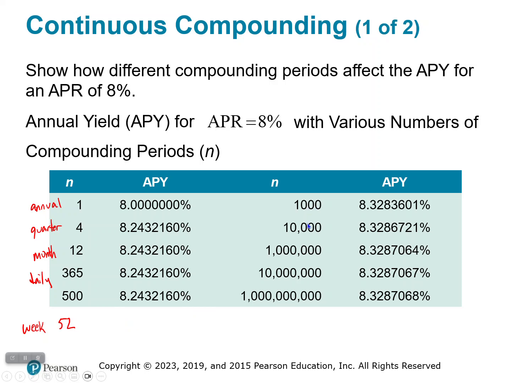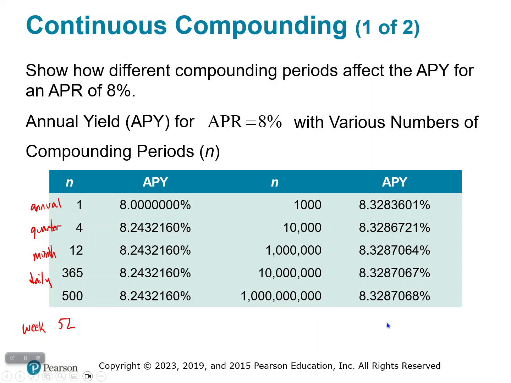But if we use larger and larger end values, we could see that this APY settles on an 8.3% annual percentage rate the more often it's compounded. It's a billion, right? A billion times a year your interest calculates.